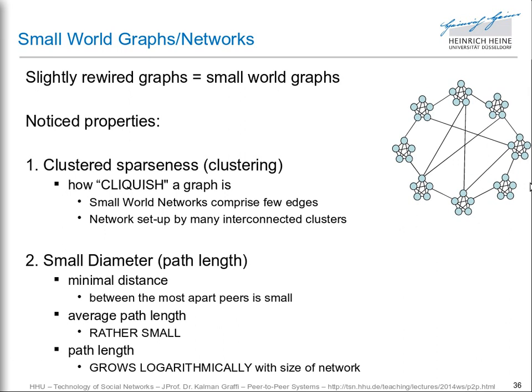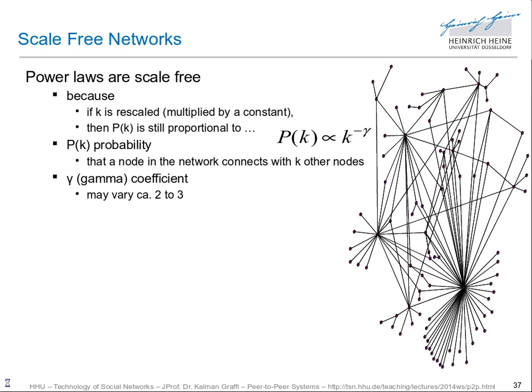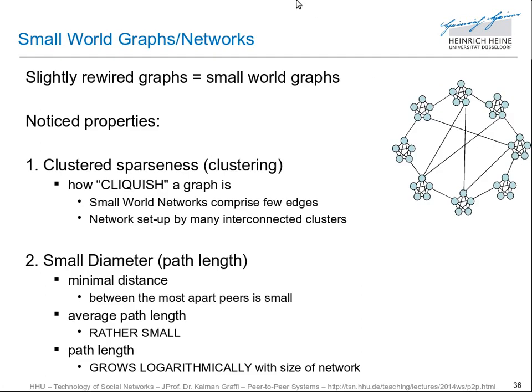But still, we have a small diameter, since the distance is small between most peers. So, for example, we can reach this from this edge and so on.